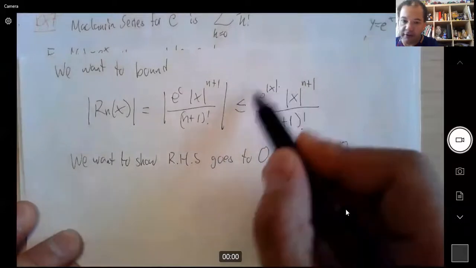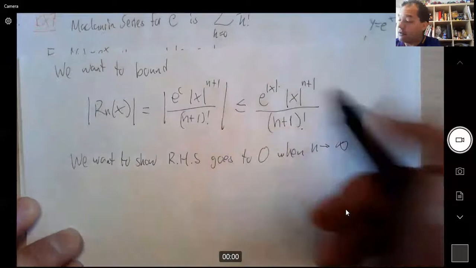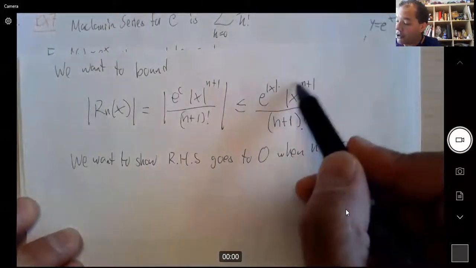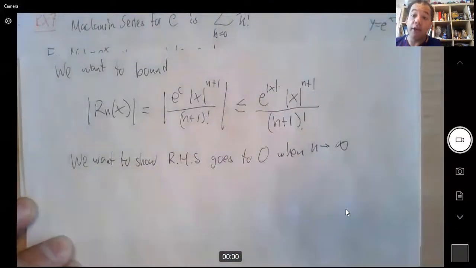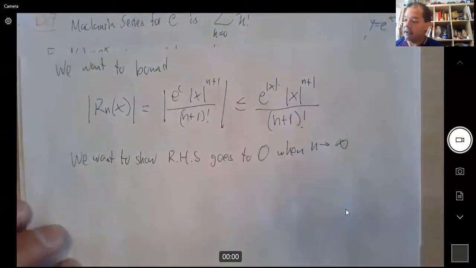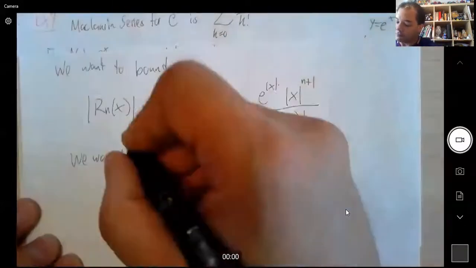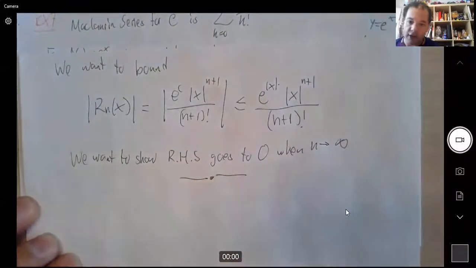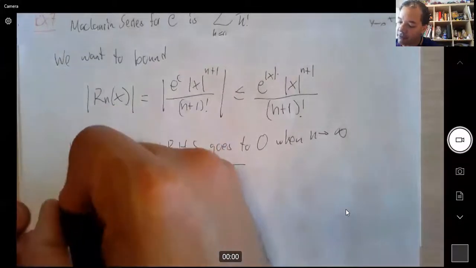It's just a constant. The e to the x is scary, but x is not moving. So this is just a constant. The thing that is moving is n. So I want to show that this goes to 0. And I'm going to do it indirectly, right? Let's remember this. So let's pause here and go back to this.